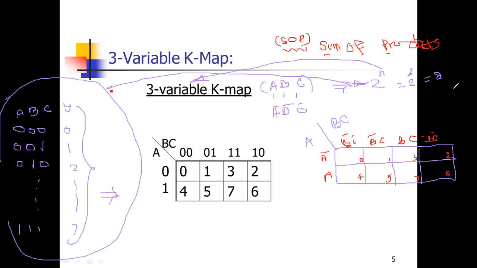So whatever it is, please listen once again. This is the numbering, a very important thing. Don't forget to understand this: 0, 1, 2, 3 here, 4, 5, 6 here, 7 here. Why like this?